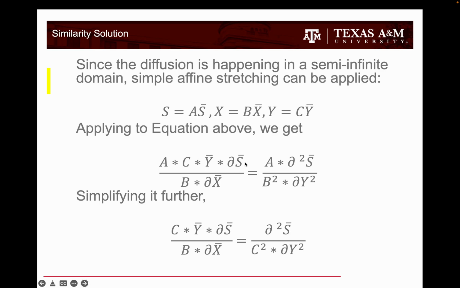Now, applying simple affine stretching, we get the new S, X, and Y as this, and by plugging these S, X, and Y in the main differential equation above, we get this, and simplifying it further, we get this.